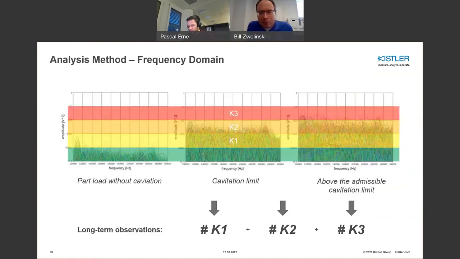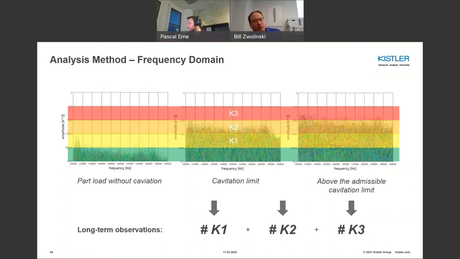This is just an example of what it might look like. You've got several different bands, if you will, over frequency. You might have K1, K2, K3 zones of cavitation where the red zone, the K3, is where you really have to derate the life of the rotor blades, for example.